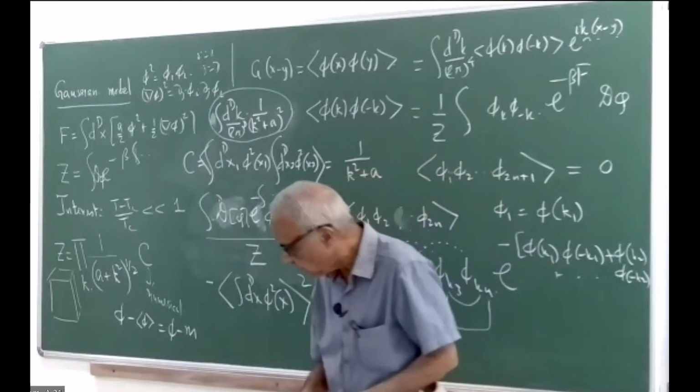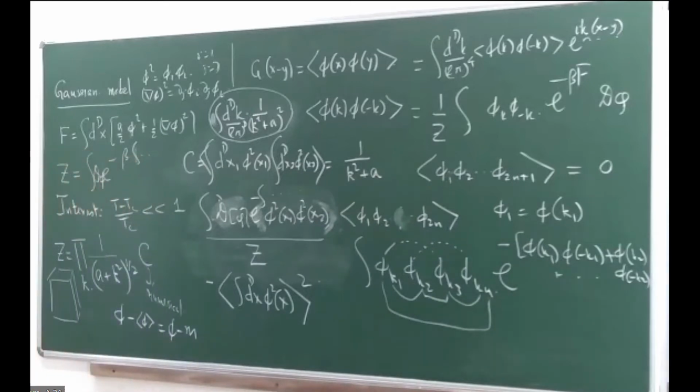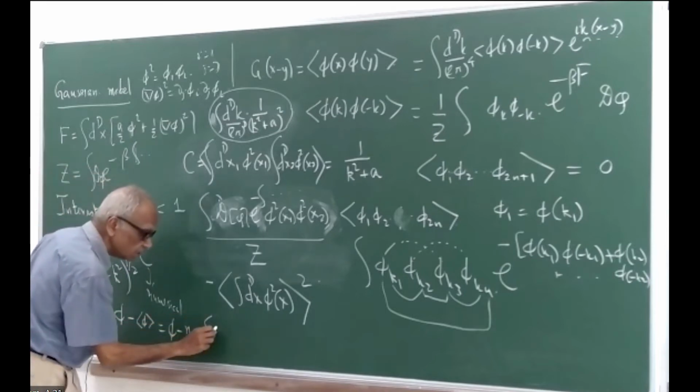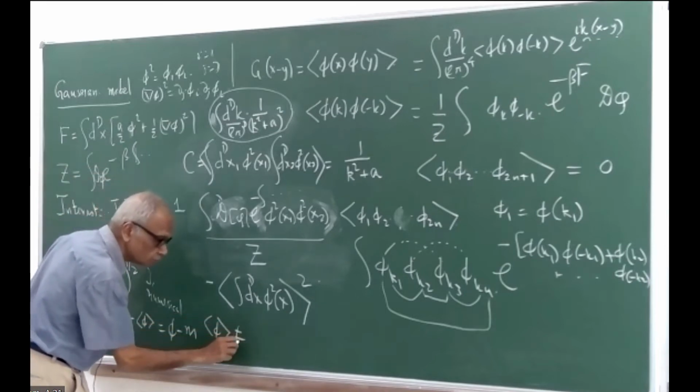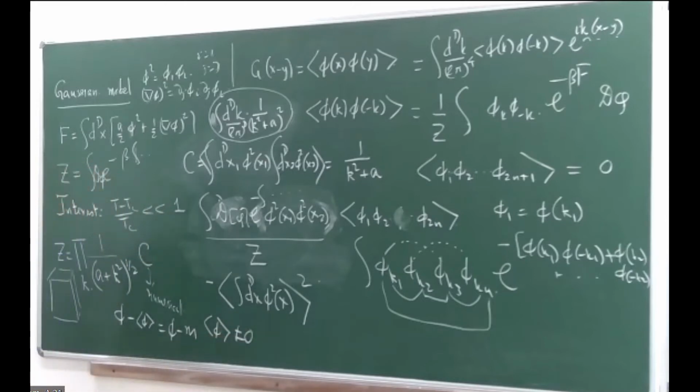Below TC, you have a problem, because if you were to take this blindly below TC, the whole idea is that I have a magnetization, right? That means that phi average is not equal to 0, right?